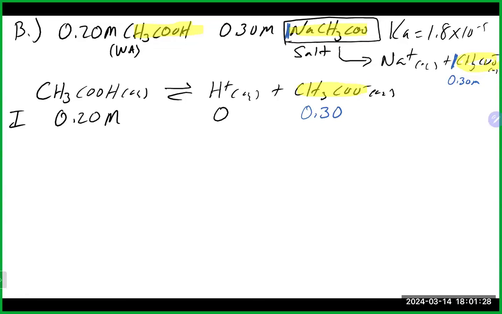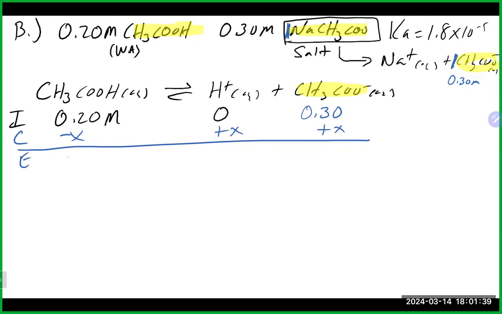Now, the rest of the ice table here is pretty much going to be the same. We're going to have our minus X, we're going to have our plus X, and our plus X, which means when we reach equilibrium, we got a 0.2 minus X and X. And this is also maybe the second place where people screw up on this table. It is 0.3 plus X, not minus X. So again, it's plus X on that side.